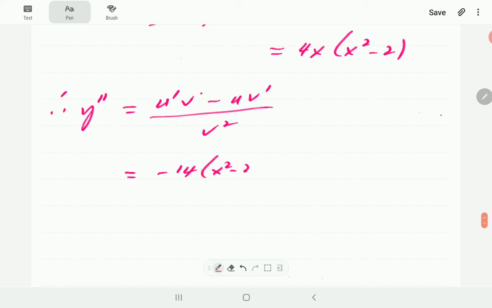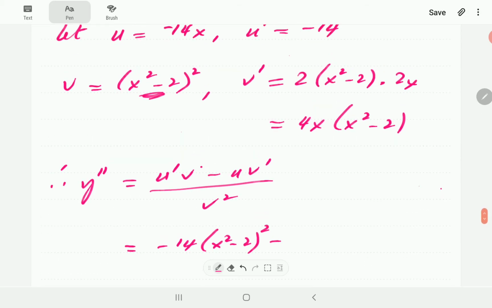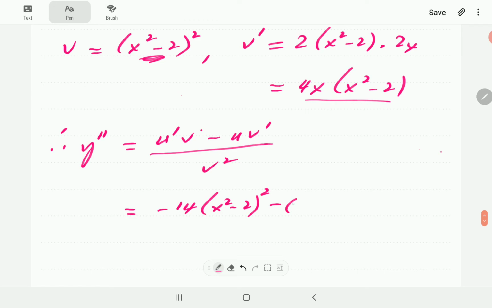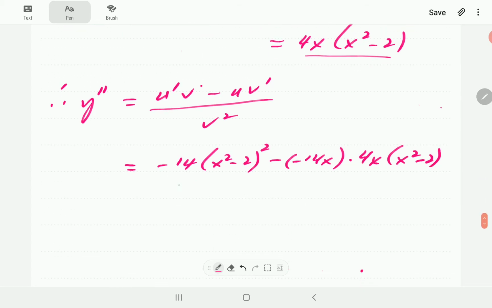V is x squared minus 2 all squared. Then take away u v prime. There is v prime. There is u. So that's going to be negative 14x times 4x times x squared minus 2, all divided by x squared minus 2 to the power 4 this time.